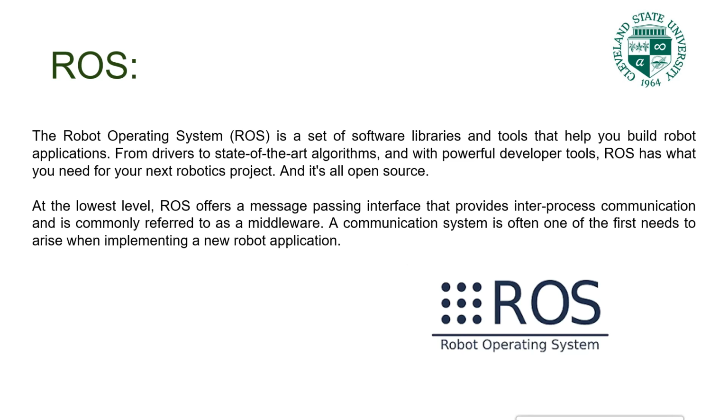So we use ROS to get data from the robot and also send commands to the robot to move forward or maybe turn left, turn right, and this is a communication system.